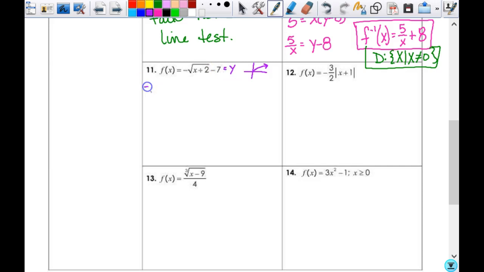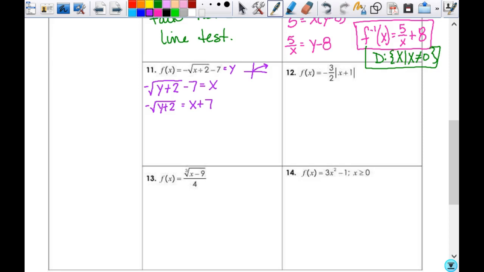So this is going to give me negative square root of y plus 2 minus 7 equals x. I'm trying to solve for y, right? What's the first thing I have to move? Add the 7. So I'm left with negative square root of y plus 2 equals x plus 7. Now, I need to take care of that negative before I do anything else. So what do I do with that?